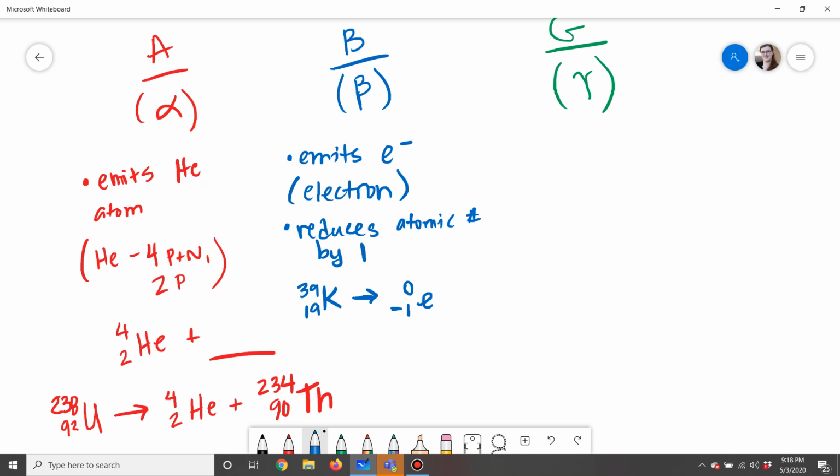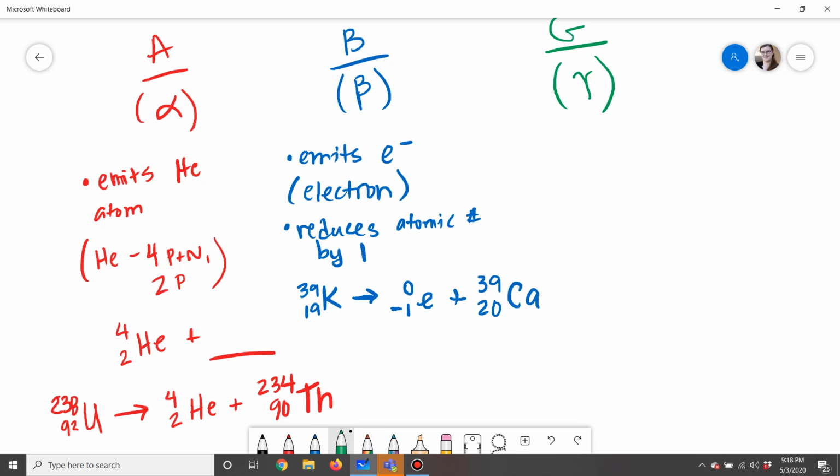Because the only things that contribute to atomic mass are protons and neutrons. So all I have to do is figure out what some number -1 is 19, right? So that's going to be 20. And so you just go 1 over to the right. It's calcium. Easy peasy.